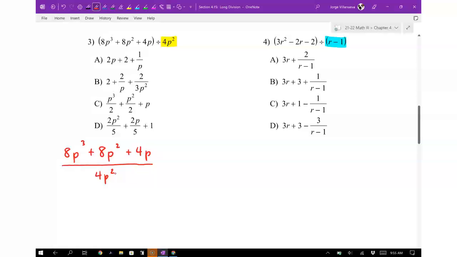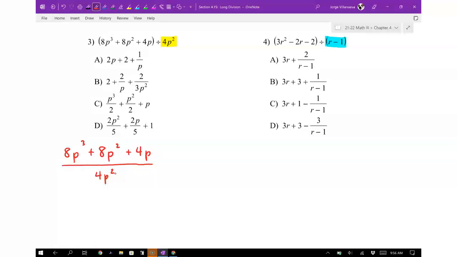Now, I know it doesn't make it look a lot easier, but what I'm about to do right now is break it up into 3 different fractions. You notice how the numerator has 3 terms, 8p cubed plus 8p squared plus 4p. It has 3 different terms. That means I can break this up into 3 different fractions.